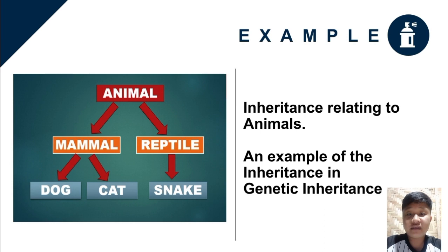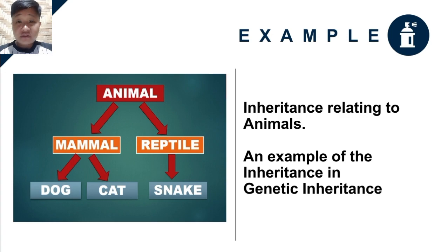Mammals and reptiles are both animals, which means they are living organisms that can move and sense their environment. Genetic inheritance in animals refers to the transmission of genetic information from parents to their offspring.